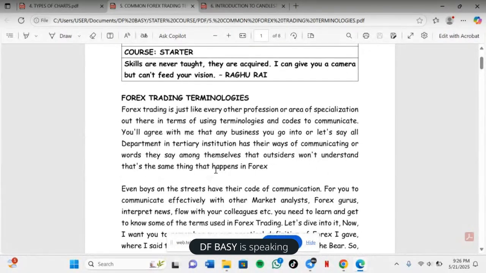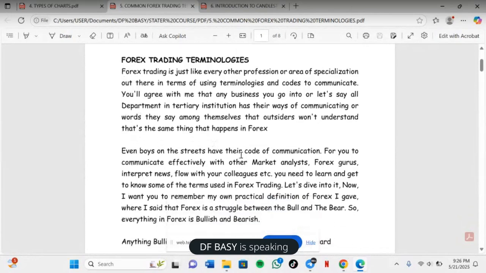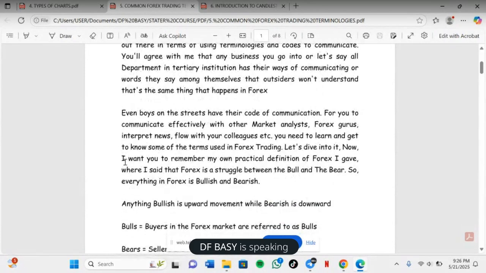That's the same thing that happens in forex. Even boys on the street have their own code of communication. For you to communicate effectively with other market analysts, interpret news, and flow with your colleagues, you need to learn and get to know some of these terms in forex trading.